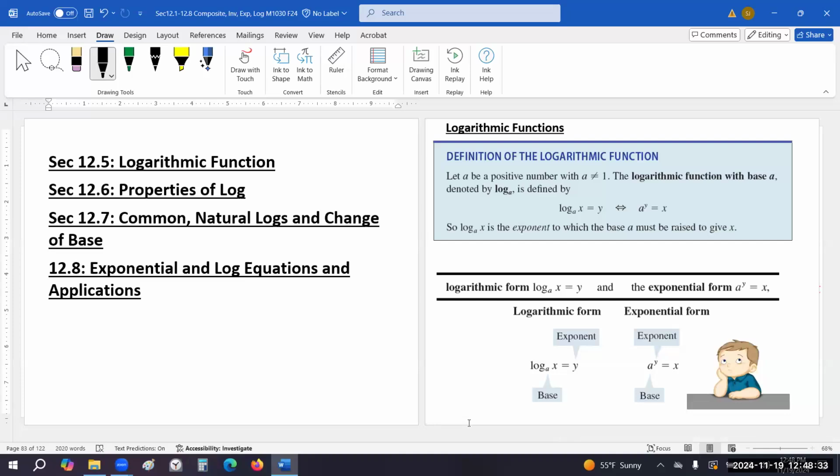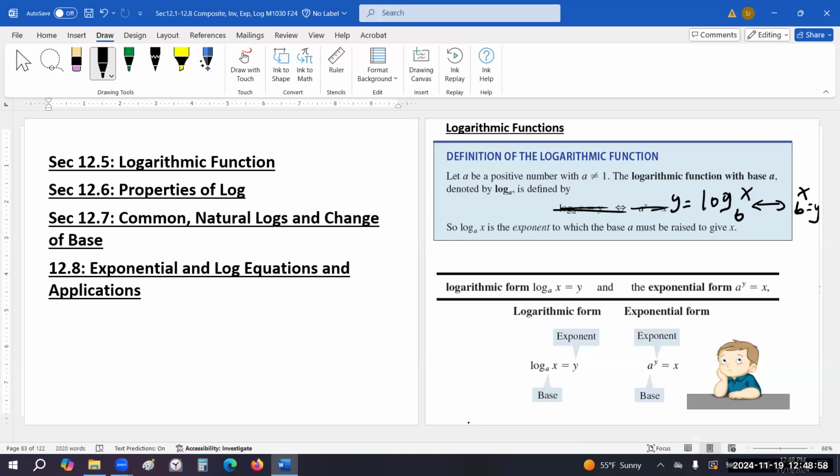So, logarithmic equation has base. This is confusing. Let me let b here. Log base b of x, which is same as b to the y, is x.